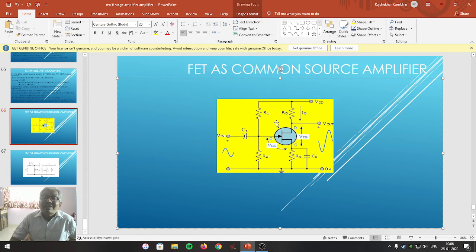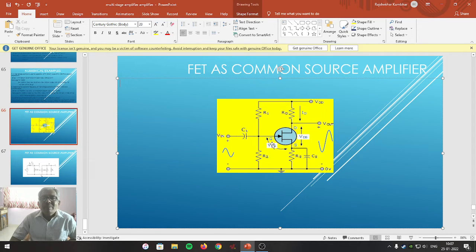For this FET to act as an amplifier, it is properly biased. In this amplifier circuit diagram, it makes use of R1 and R2 as a voltage divider biasing network, which provides the necessary gate voltage and develops the necessary gate to source voltage, so that gate and source are reverse biased and the FET conducts current.